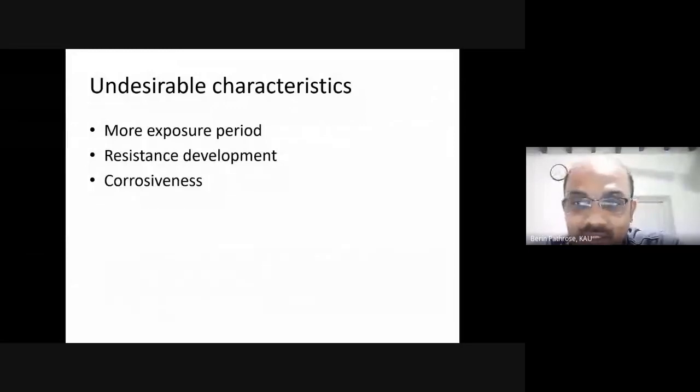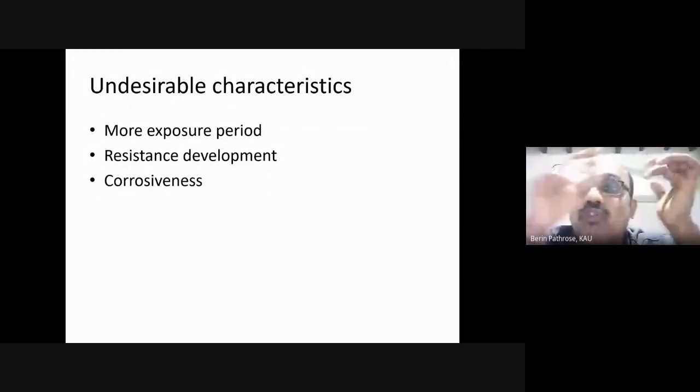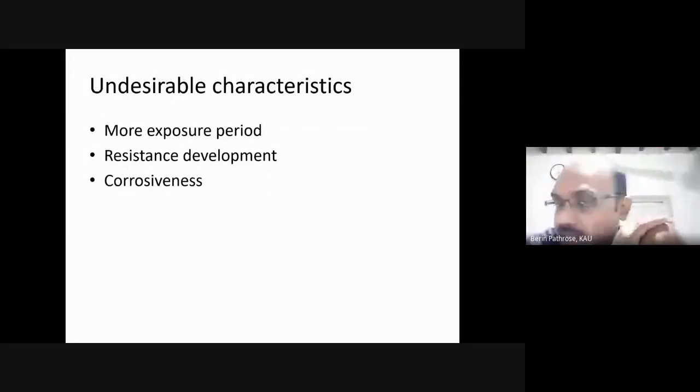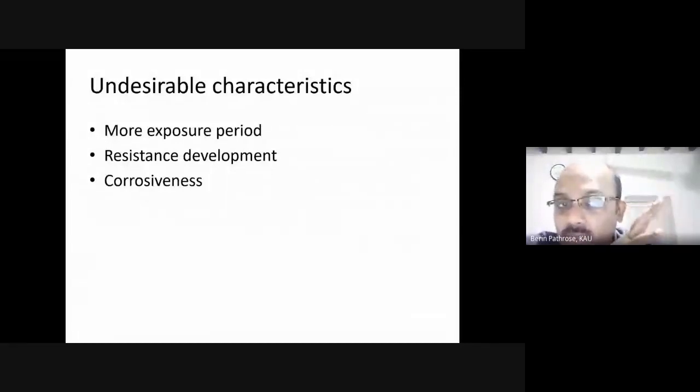So the exposure period for phosphine, or aluminum phosphide, is far greater than methyl bromide. That's why methyl bromide is a preferred fumigant compared to aluminum phosphide. So we have to keep that in mind. Any ideal fumigant should have a shorter exposure period.